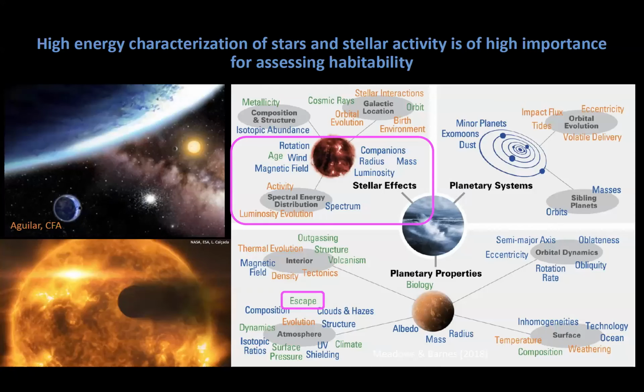So I'm showing here a very complicated diagram showing you some of the different components that go into understanding habitability and exoplanet habitability in particular. And I've highlighted here the part that I'll be talking about, which is that stellar activity.